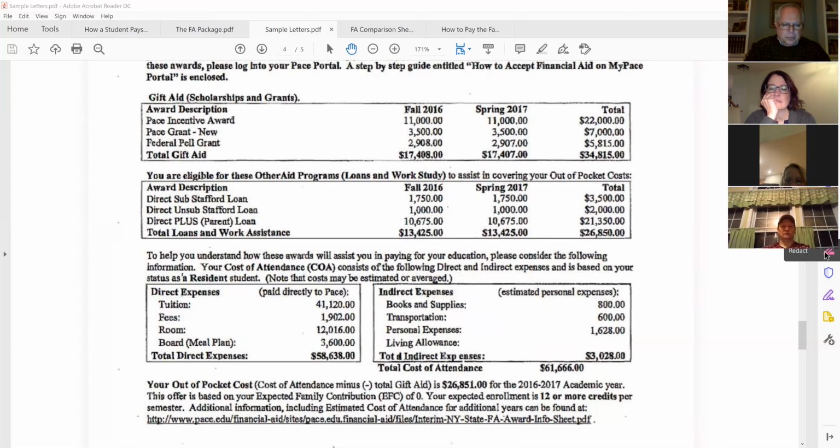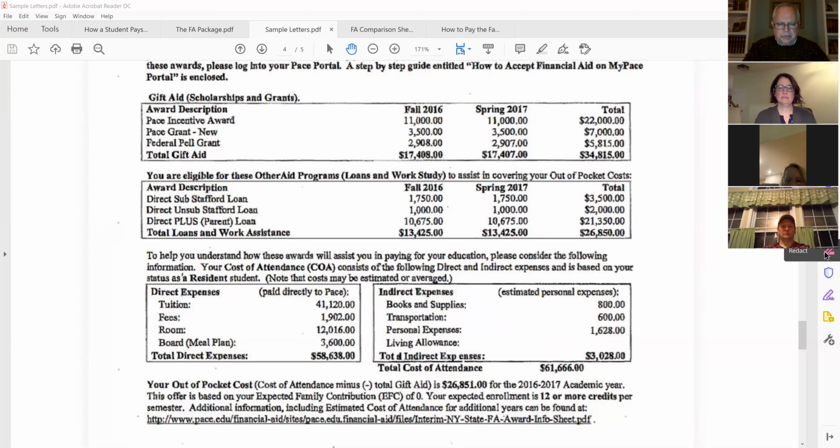Twice a year, the student is going to get a bill saying this is the interest you owe on your unsubsidized Stafford loan. Now you don't have to pay it, you can defer it, but I would suggest that you pay that interest, because if you don't, it's going to capitalize, which is a financial term meaning that you're piling more money on the principal of the loan.